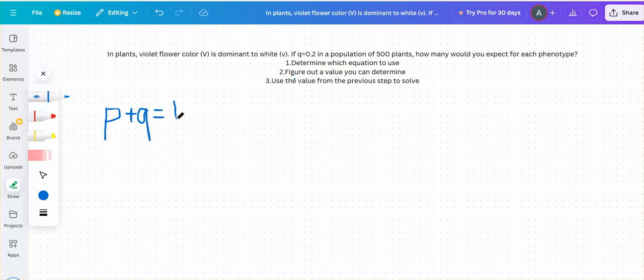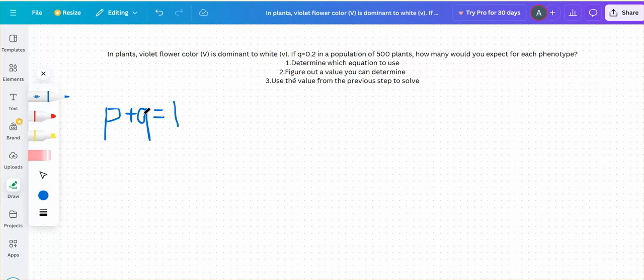If you have two different alleles in a population, then of course the frequency of each of them is going to equal 1. They will be all of the alleles in the population. And remember that P is the frequency of the dominant and Q is the frequency of the recessive allele.